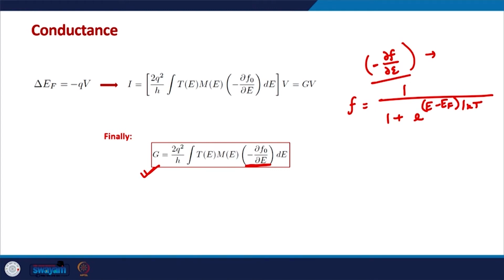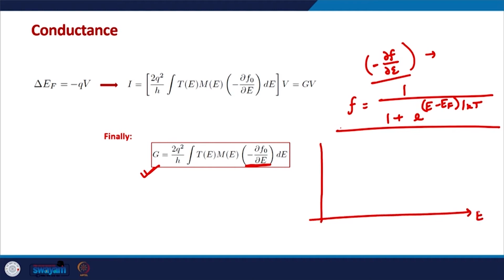So let's start with how the Fermi function essentially looks like. This is the form of the Fermi function. If we plot the Fermi function as a function of energy, it will look something like this. The value of the Fermi function changes from 1 to 0.